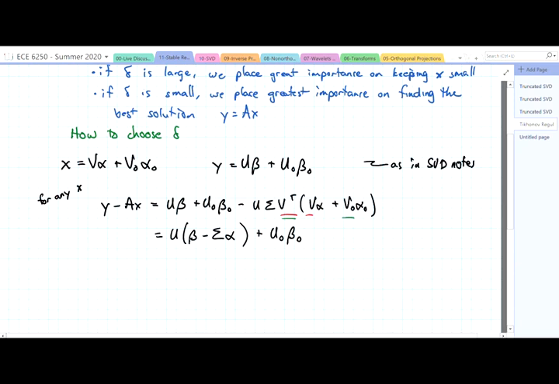So now we have our U naught beta naught comes down, and our U beta comes down, and all that's left of the right hand side is U sigma alpha.